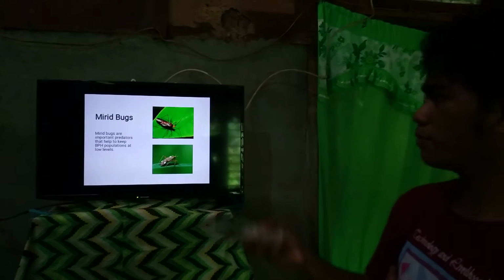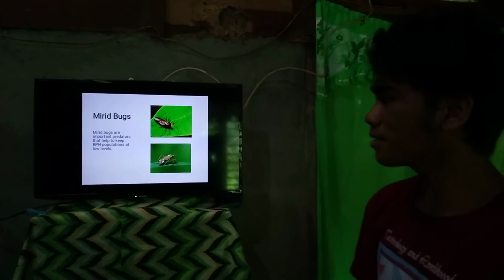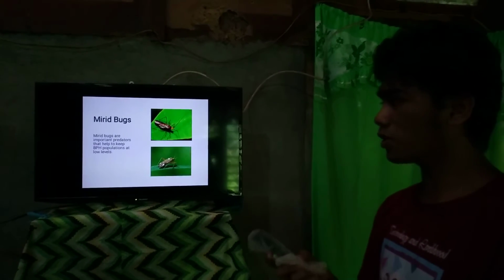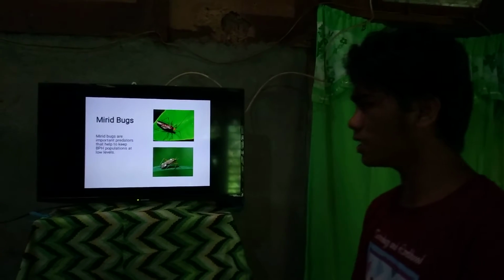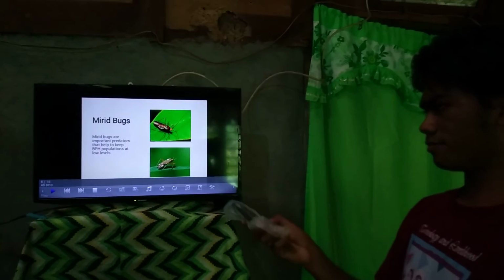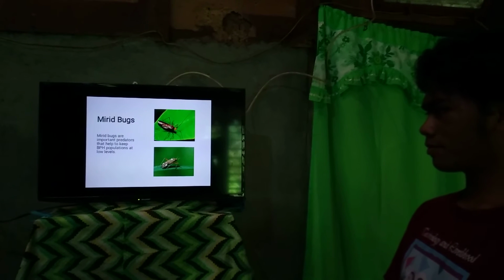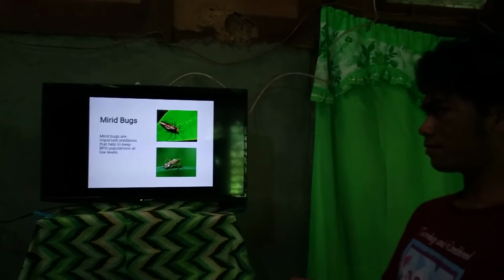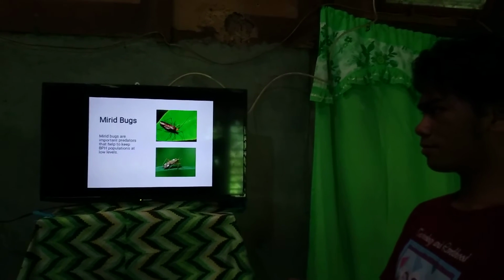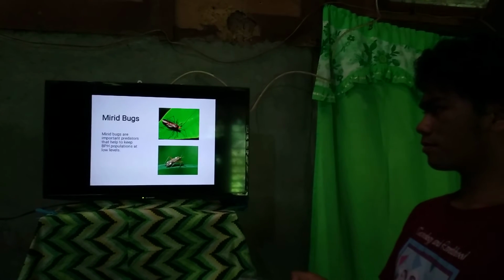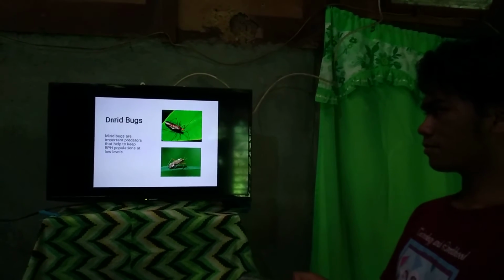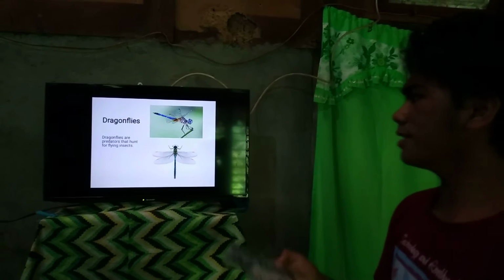Next is mirid bugs. Mirid bugs are important predators that help to keep BPH populations at low levels. Next is dragonflies.